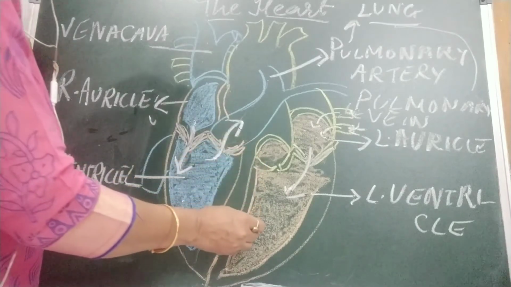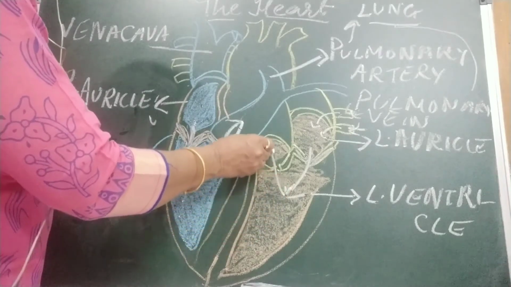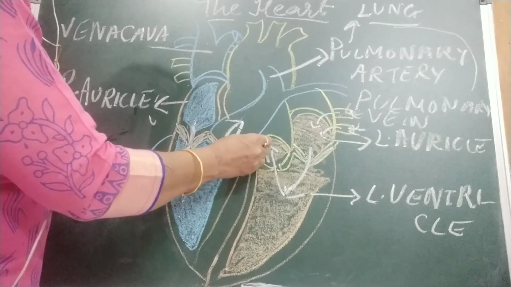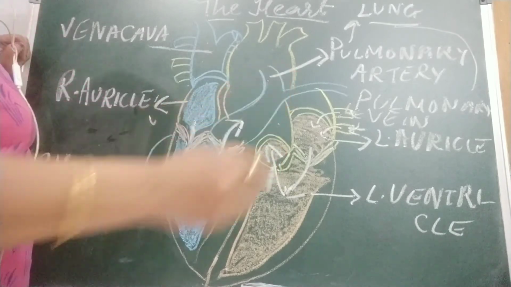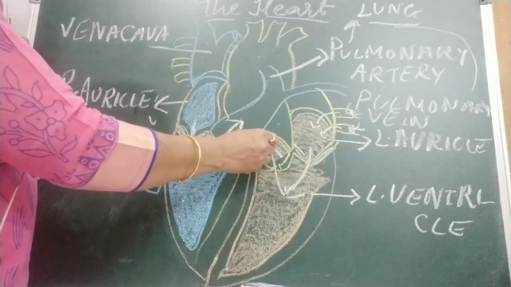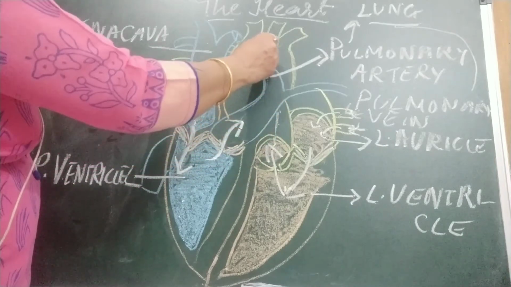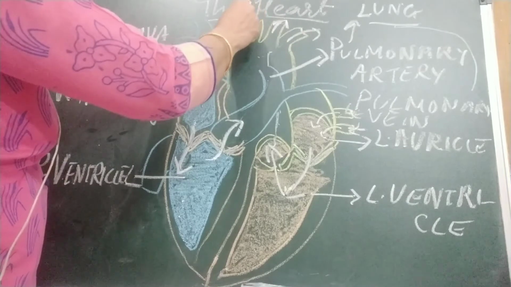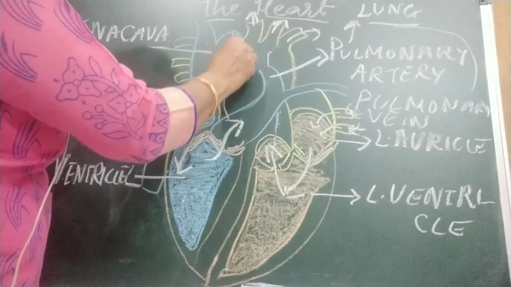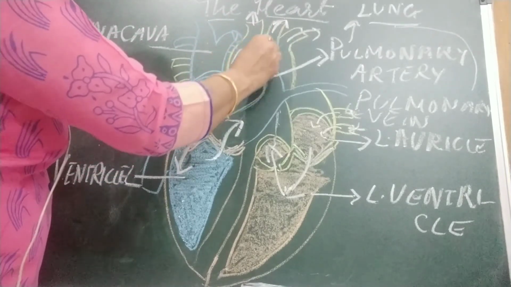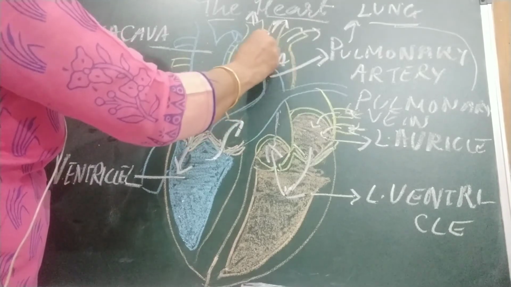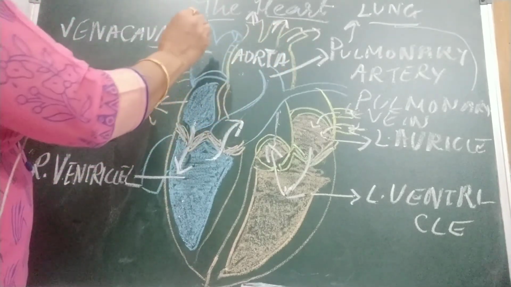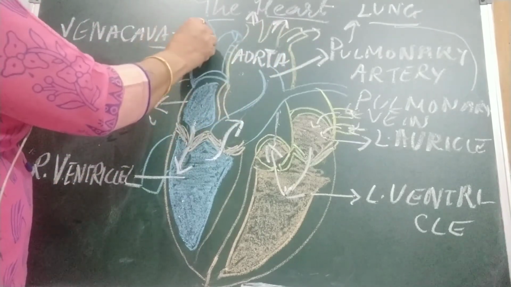When the left ventricle squeezes, this goes into the what? This aorta. From the aorta, it goes to all parts of the body. This is the aorta, the main artery. Aorta is the main artery and vena cava is the main vein.